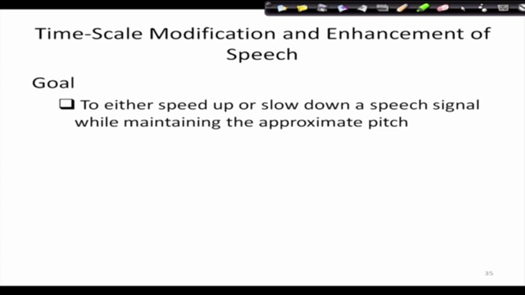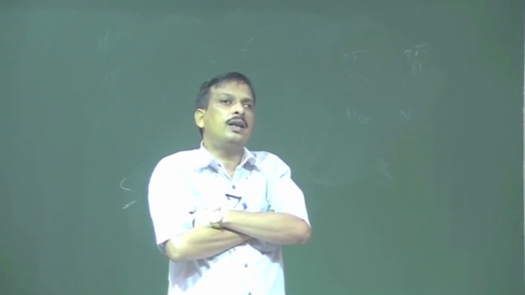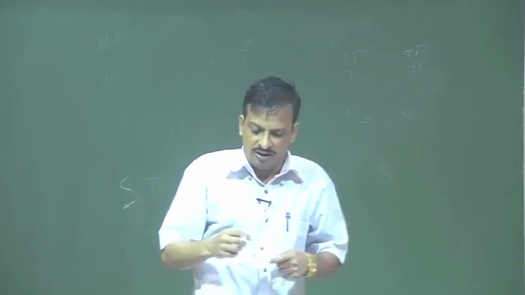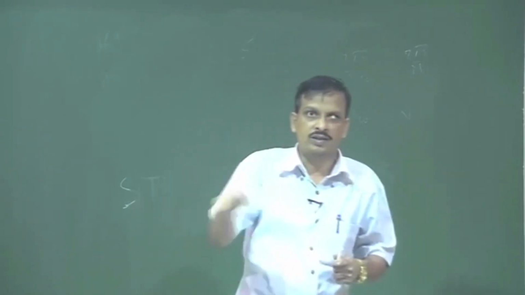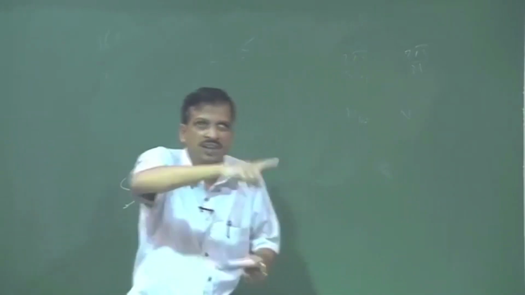I want to either speed up or slow down the speech signal while maintaining the approximate pitch. If you remember earlier, there was the tape recorder, or the gramophone disc.